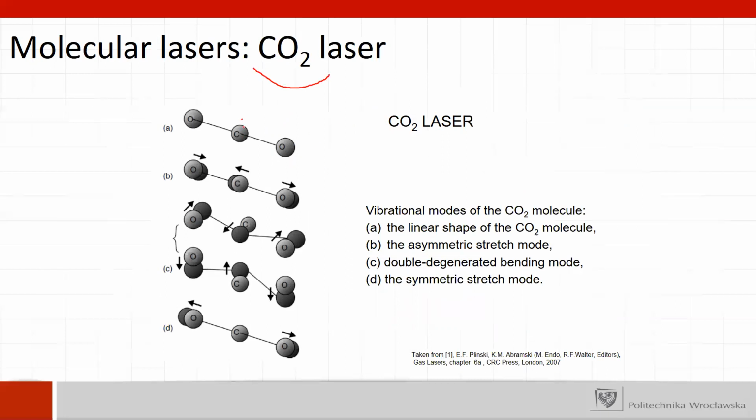We have one atom of carbon and two atoms of oxygen, and in general, the energy level structure of the CO2 laser originates from the fact that this molecule can move in different ways. So we have several vibrational modes of the CO2 molecule, right?